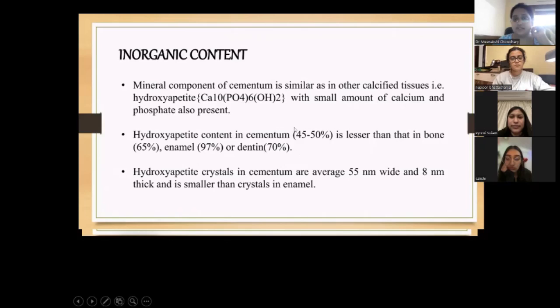The hydroxyapatite content in cementum, which is only 50%, is a very important part to remember. This can come as various MCQs in all 3 foreign license exams. Hydroxyapatite content in cementum is lesser than that present in bone, enamel or dentine.